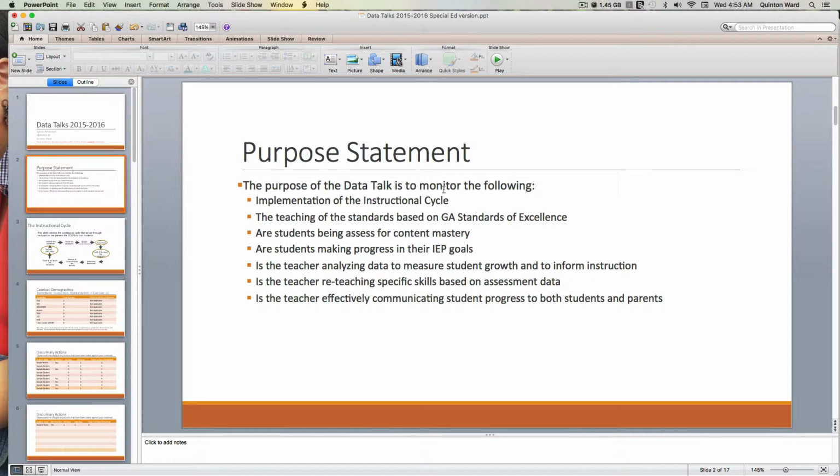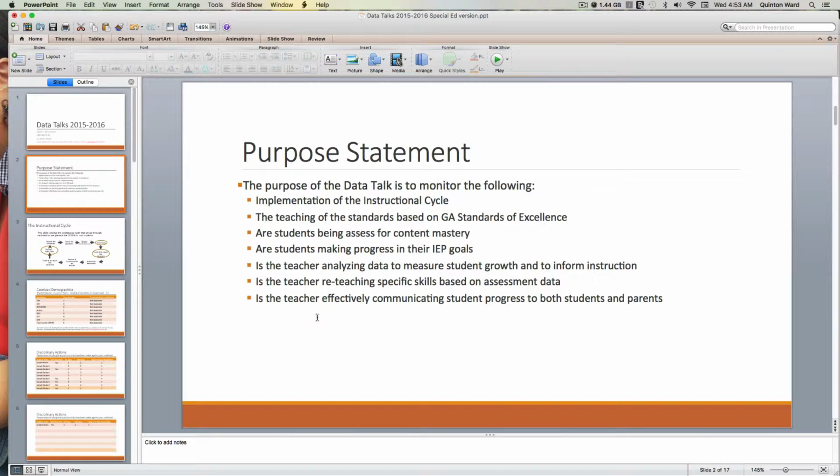The purpose of the data talk is to monitor the following: the implementation of the instructional cycle, to monitor that teachers are teaching the standards based on the Georgia Standards of Excellence, to ensure that students are being assessed for content mastery.